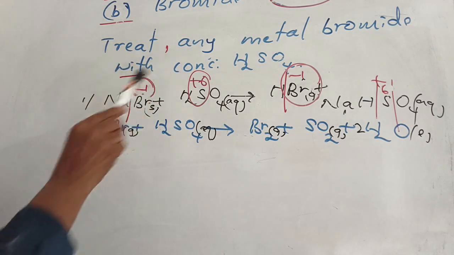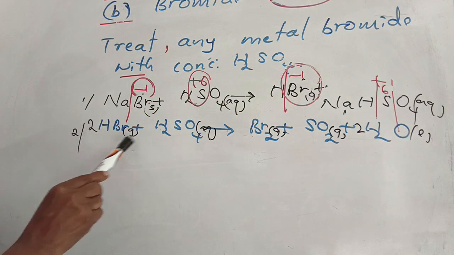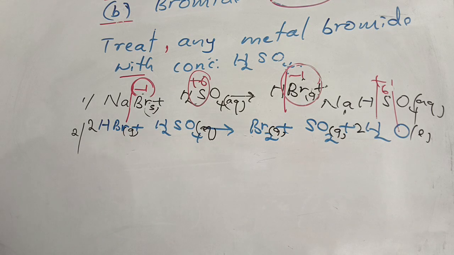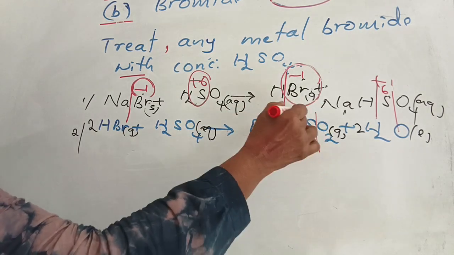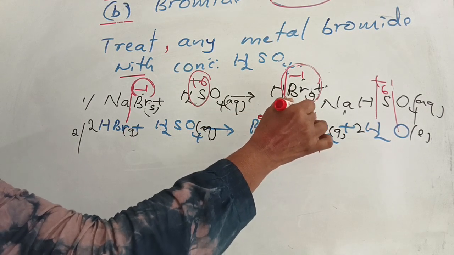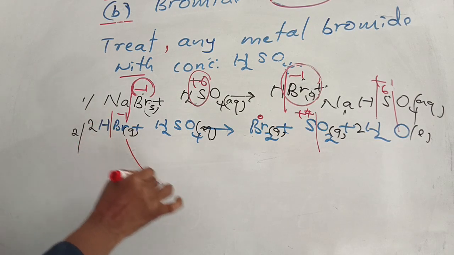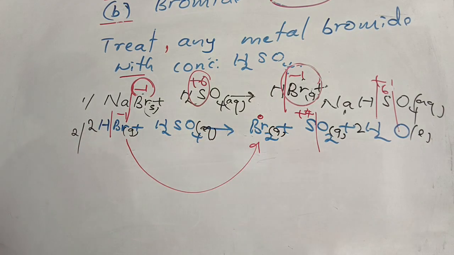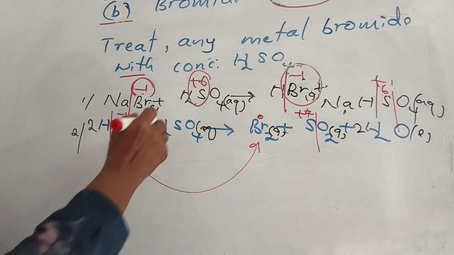With bromide ions, HBr gas is produced, but immediately HBr reacts with sulfuric acid and produces further products: free bromine as well as sulfur dioxide and water. Br minus changes from minus 1 to 0, which is oxidation.